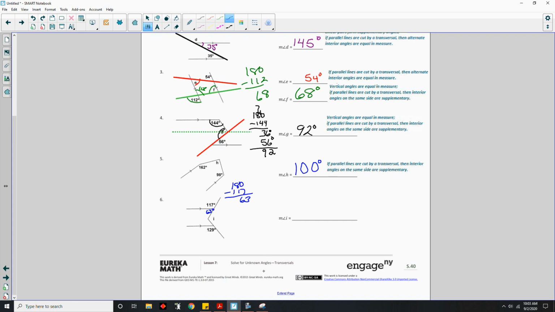Okay? 180 minus 129. 10 minus 9 is 1. 7 minus 2 is 5. So this piece here is 51 degrees. This angle here. All right.